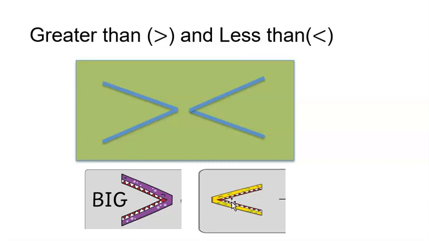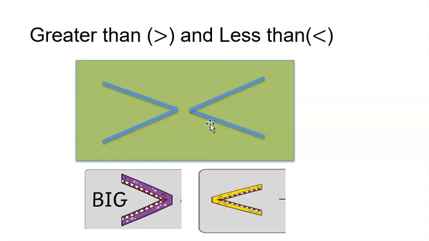So I hope we'll be able to identify our signs, right? This is called the greater than sign and this is called the less than sign. Our right hand represents the greater than and our left hand represents the less than. Okay? We got that right. We learned about the plus sign, the minus sign, the equal to, and greater than and less than.